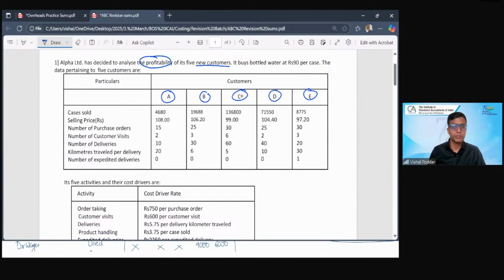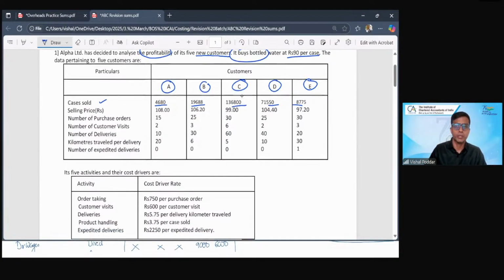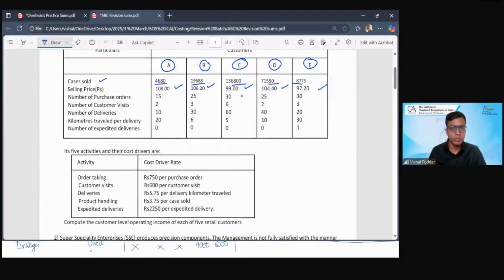Now for each group, how many units are sold, that is boxes or cases are sold. You deal in bottles. Per case of, let us say, 10 bottles, you have 90 rupees. This is your cost, purchase cost. And then these are your selling prices to different customers depending upon the category of customers. Now, this is the most interesting part.